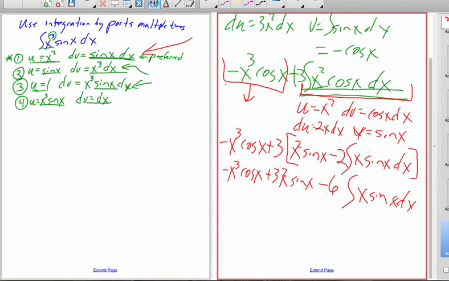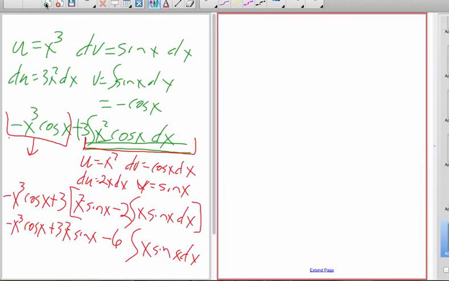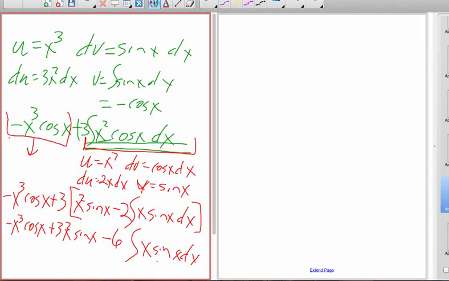Okay, again, I want to come back in and kill out my integral. But see, I started with x cubed and I'm down to an x. So what I know then is I have to deal with one more time, but I only have to deal with just this.